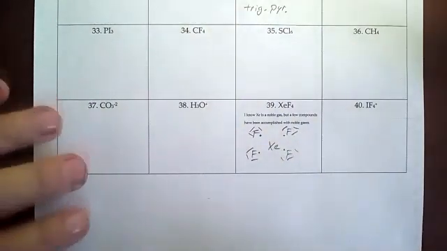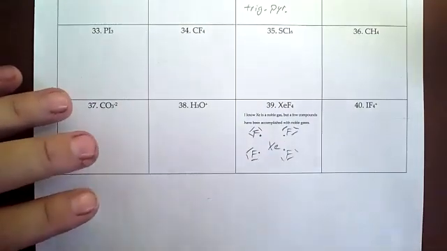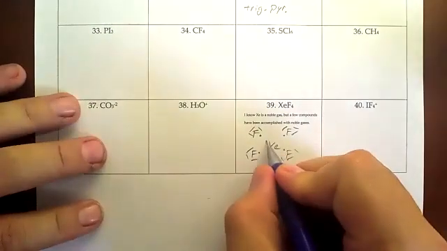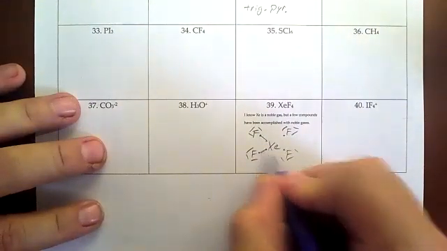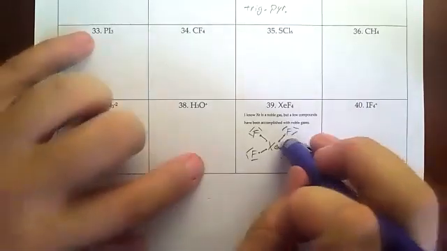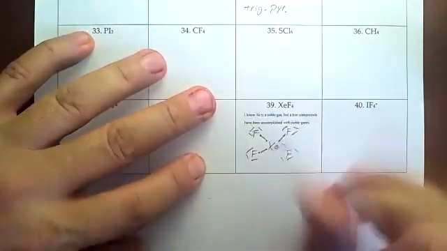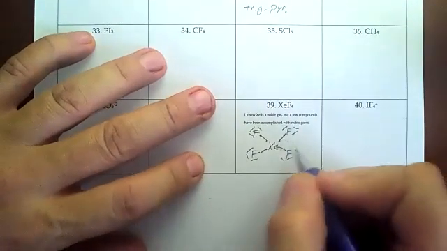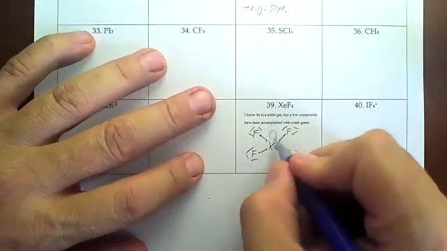Yes. Okay, and then xenon has 8, right? And I need to complete 4 bonds, so I'm going to use 4, doing the bonds. 1, 2, 3, and 4, which leaves 4. And they don't go on fluorine, they go on xenon, so we get there.